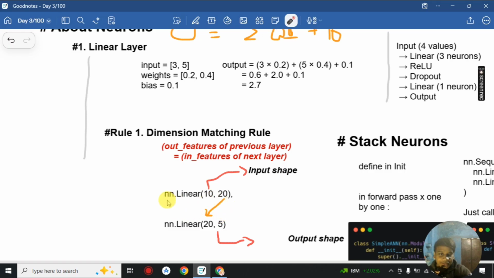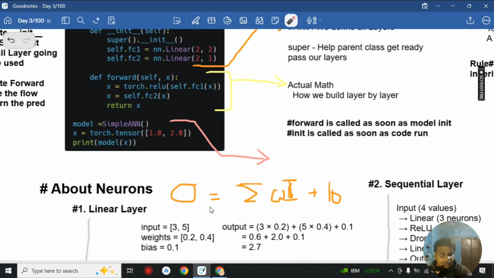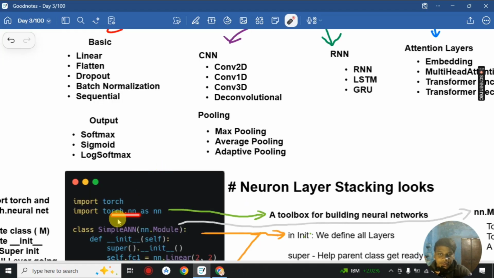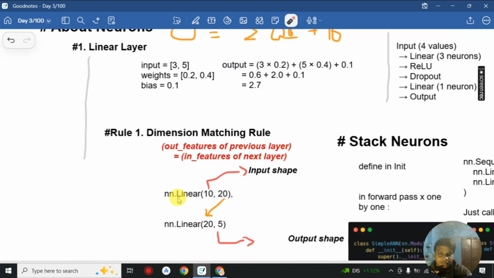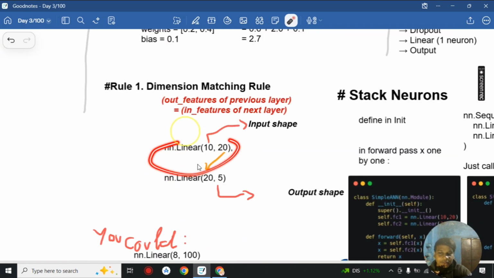Here the nn comes from torch.nn. We imported torch.nn as nn. This nn is helpful for initializing the linear layer or any neural network layer.